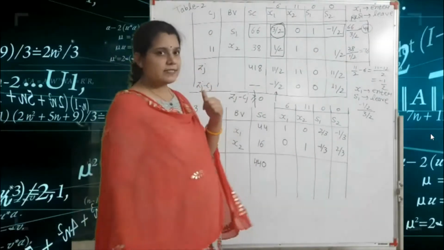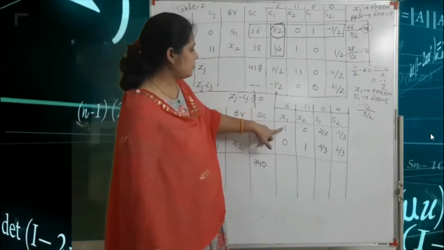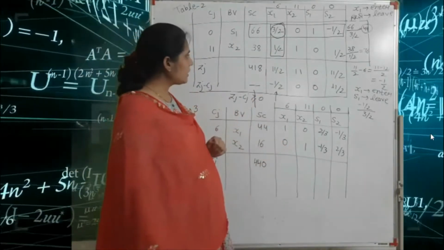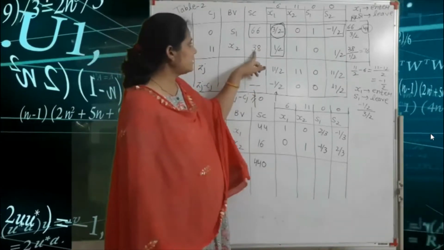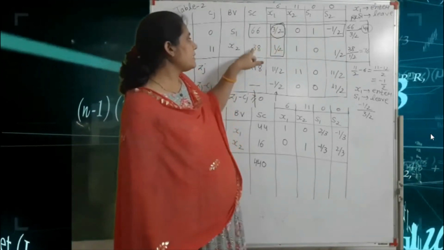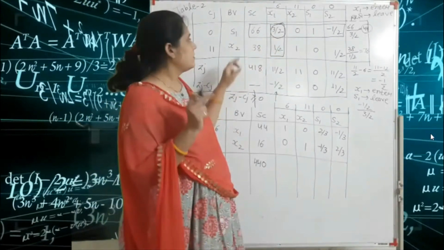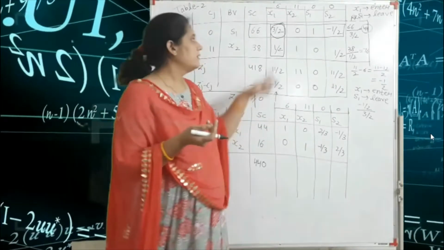Okay, next step is what? According to the key number, you just write here the 0, 1, and the downside we write here the 0. So for finding the 38, in the place of 38, we multiply by the key number. So 38 into 3 by 2 minus 66 into 1 by 2, divided by 3 by 2.